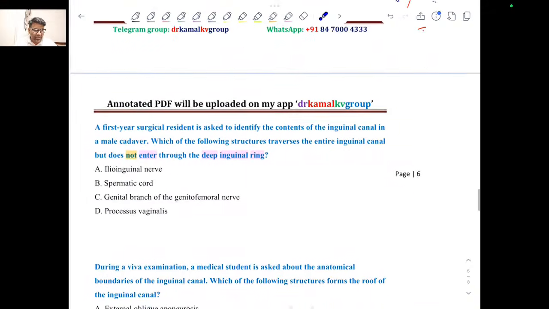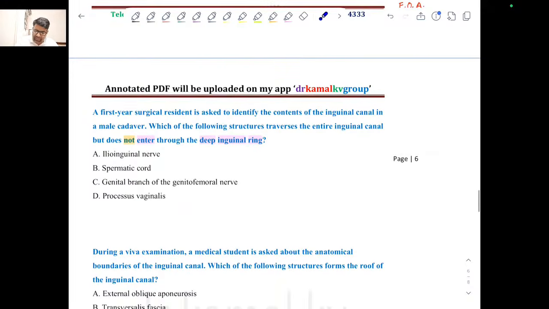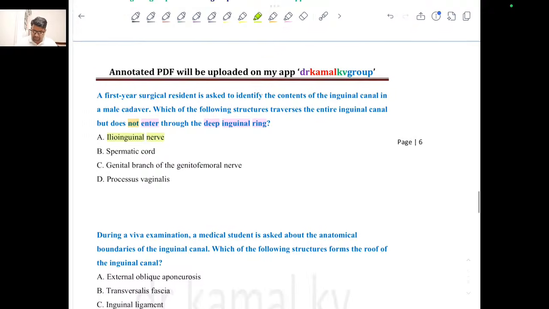So the answer here, Arya, very good, this is the ilioinguinal nerve, right? So the ilioinguinal nerve travels through the inguinal canal, comes out through the superficial inguinal ring, but does not enter through the deep inguinal ring.